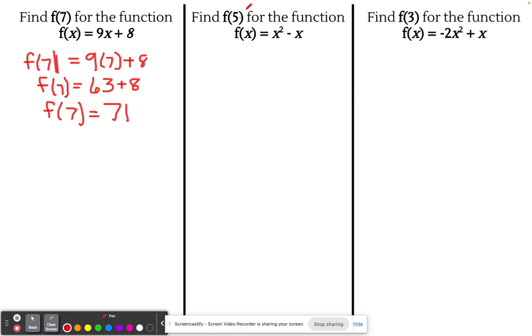Okay, let's find f of 5 for this function. F of 5 will equal 5 to the second power minus 5. 5 to the second power is 25.